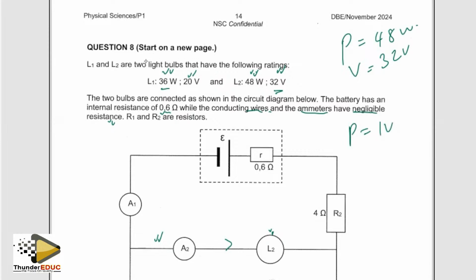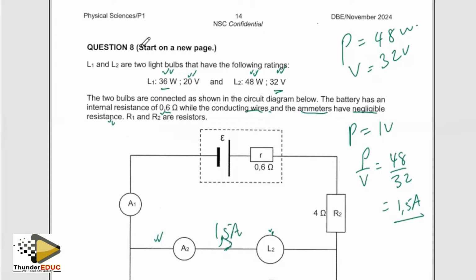Then for me to get the current that the question is asking for, I'll get my power divided by the voltage. So the power is 48, the voltage is 32. Okay, so use your calculator. 48 over 32 gives me 1.5 amps. Okay, so there's 1.5 amps within L2.